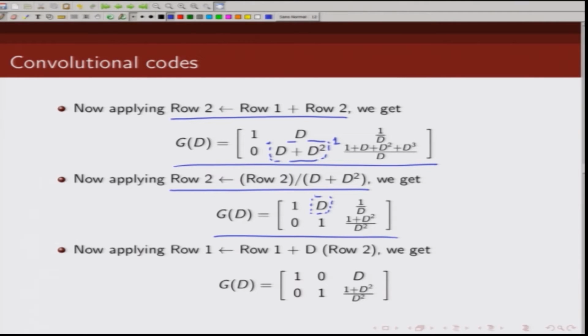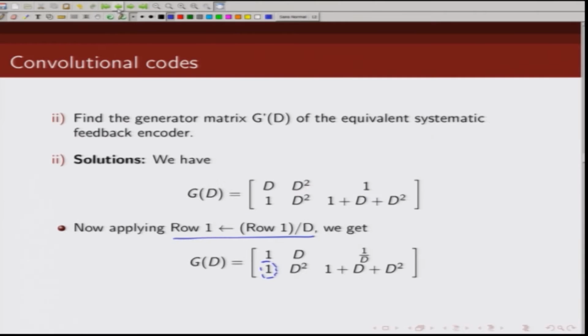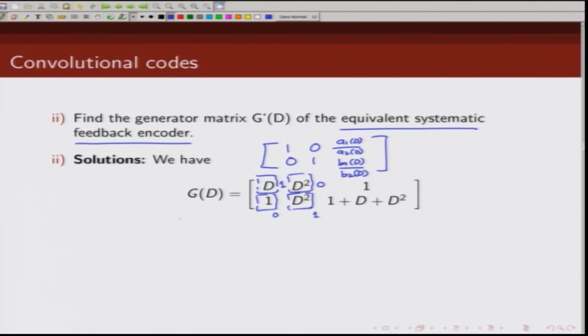We multiply row 2 by D and add it to row 1. So, we do this transformation that row 1 is row 1 plus D times row 2, and when we do that, we get this. So, this is our equivalent systematic encoder for the generator matrix, this. Okay.